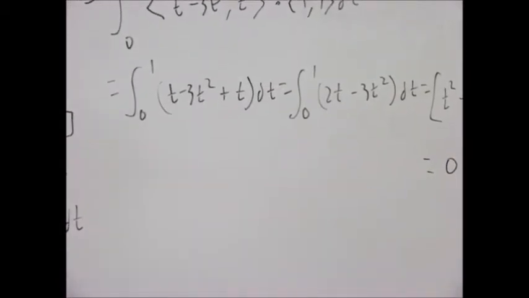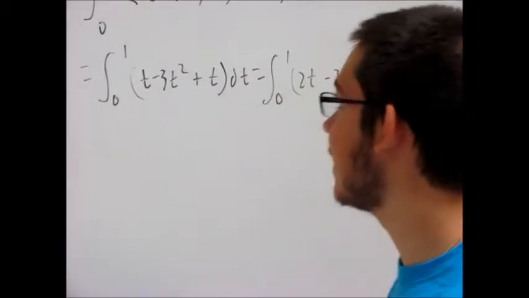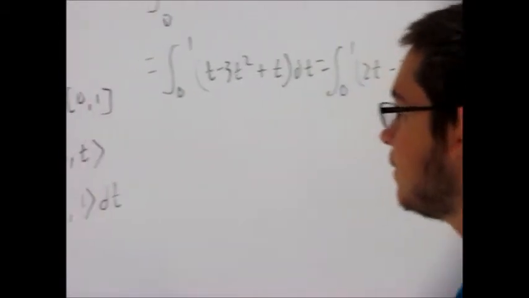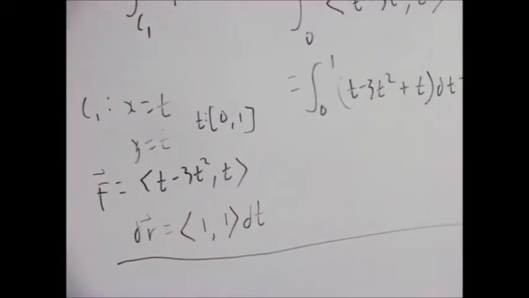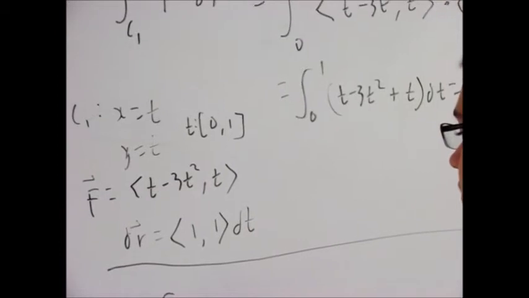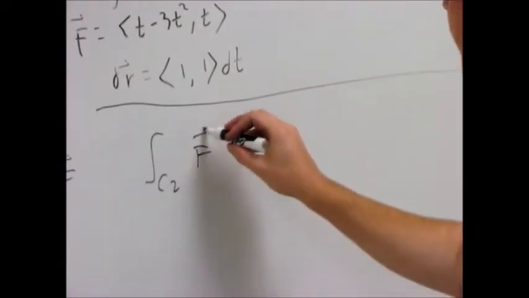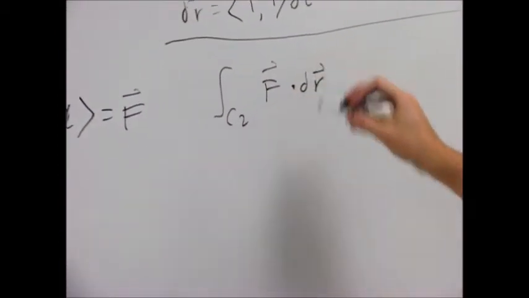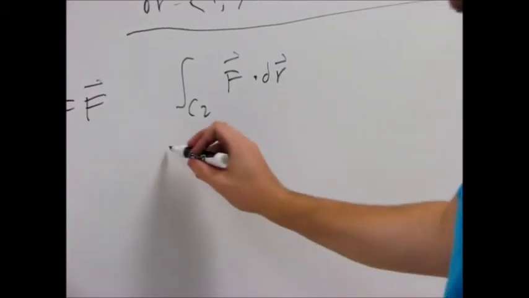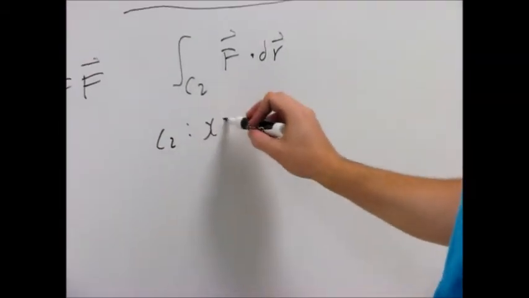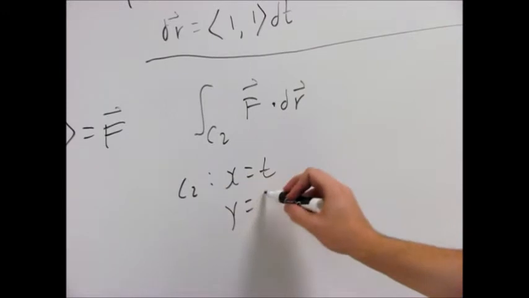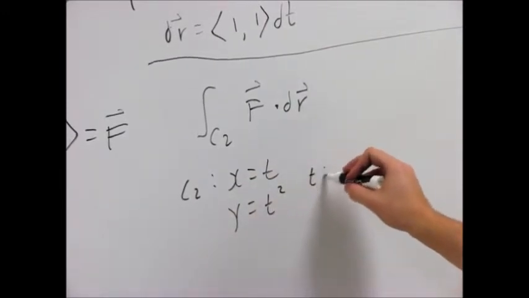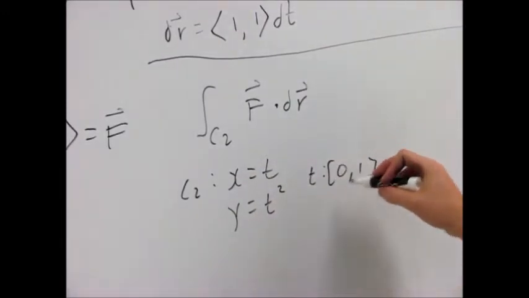Strange enough. Well, let's do C2, maybe we'll get a different result. So integral over C2 of f dot dr. Now we're going to have C2 be x equals t, y equals t squared, again from 0 to 1.